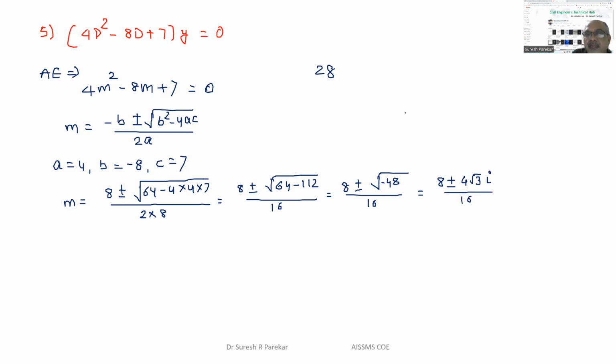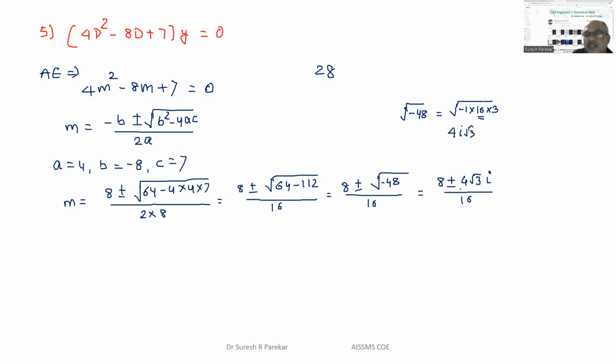Root of minus 48 is root of minus 1 into 16 into 3, and this 4 we have taken outside. Root of minus 1 is i, so we have 4i root 3.